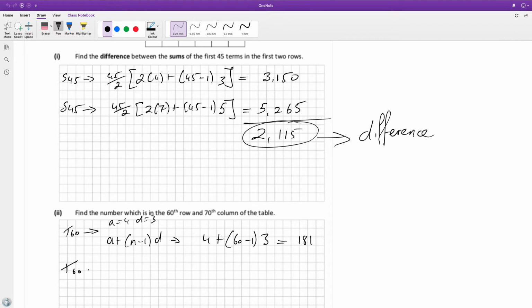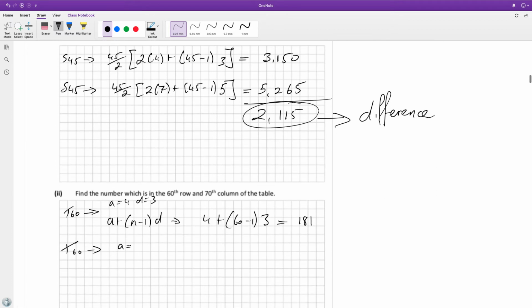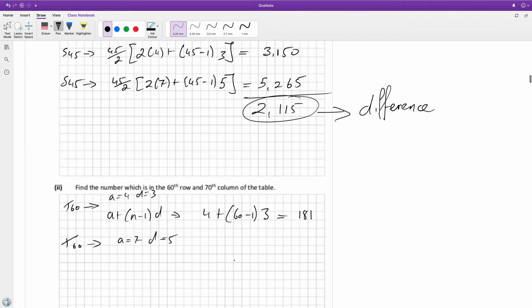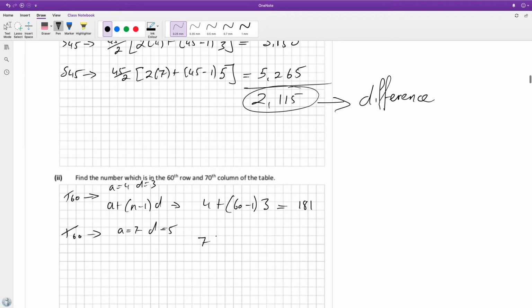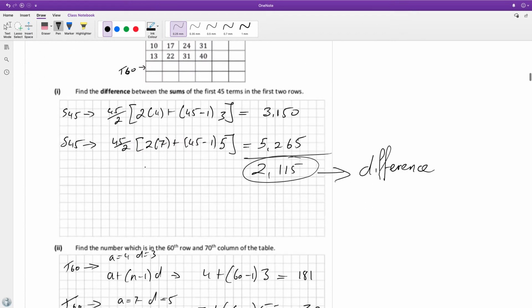And T60 in the next one is A was 7 and D was 5, which is 7 plus 60 minus 1 times 5, and we get 302.